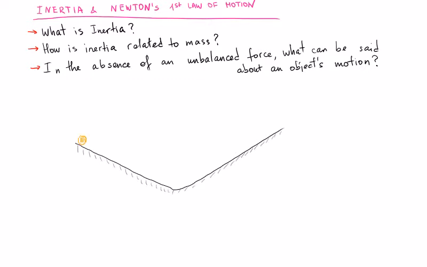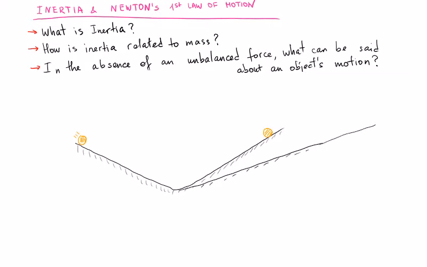Galileo noticed that when the ball was rolled, it would go up the other incline to the same height. Then he changed the incline on the right side a little, to a different degree.